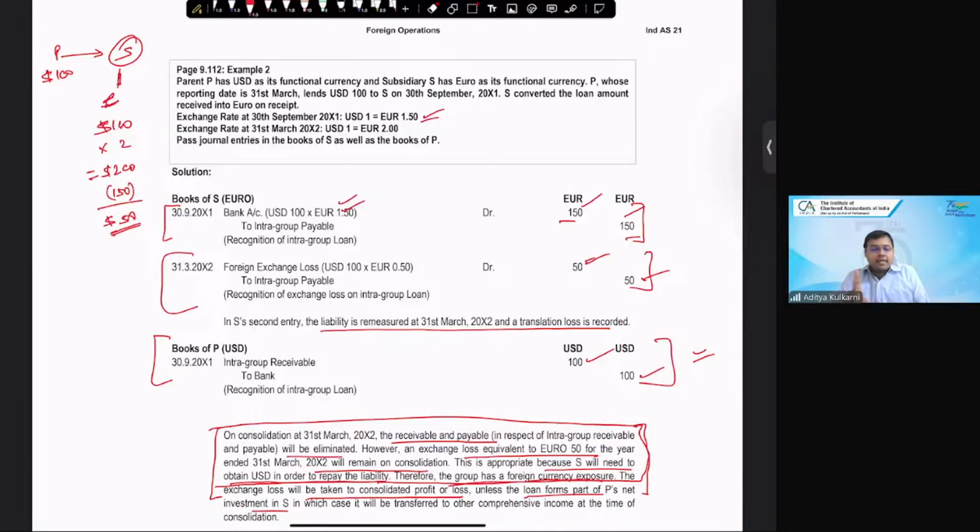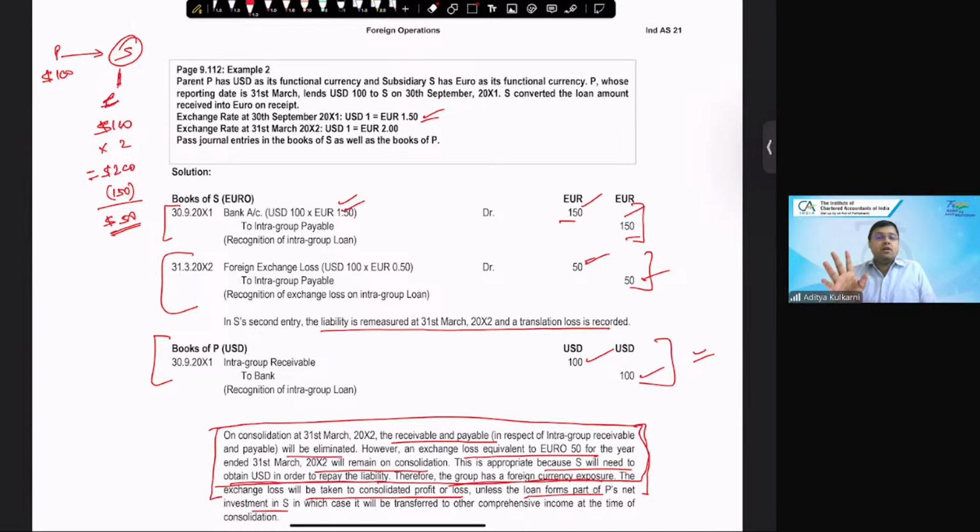Hope you are understanding. See, from a group perspective, if this settlement should happen by the subsidiary to the parent, the subsidiary will go to the authorized dealer, exchange the euros for dollars, and then make the payment. Now, when it is exchanging the euros for dollars, can there be a rate fluctuation?